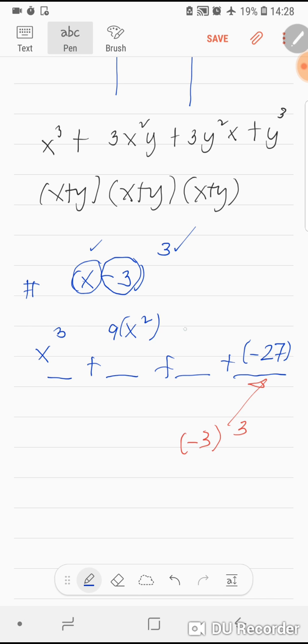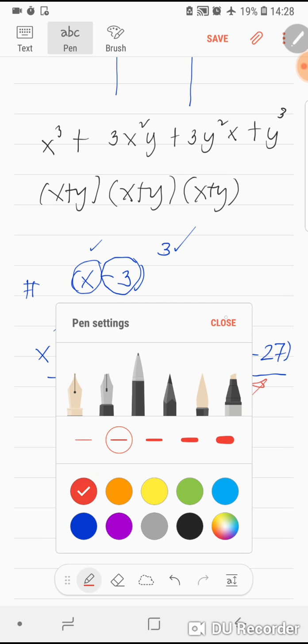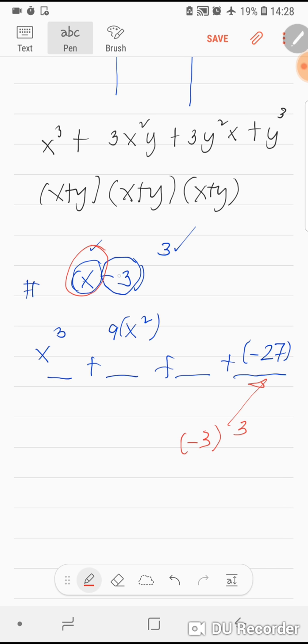After we are done with raising x to the power of 2, let's now shift this power to negative 3. So it would be 3 times negative 3 squared times x.